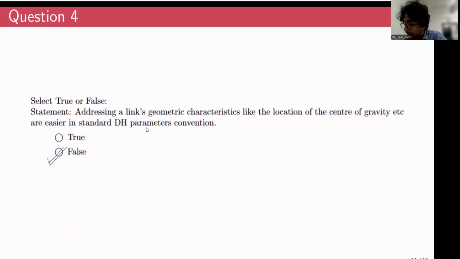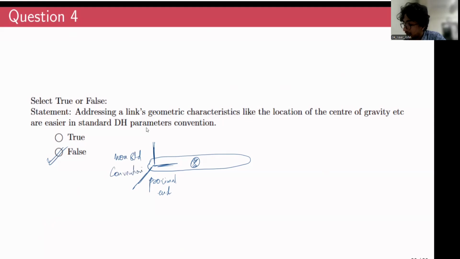Because earlier what I have said is that if you have a link like this, and if you have a center of gravity, something like this, as per non-standard convention, you attach your coordinate frame at the proximal end. This is as per the non-standard convention.